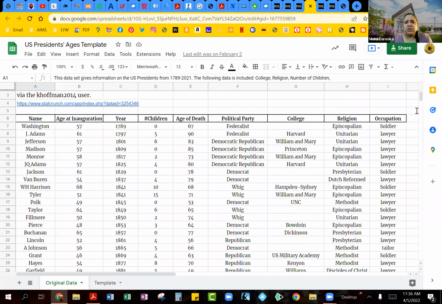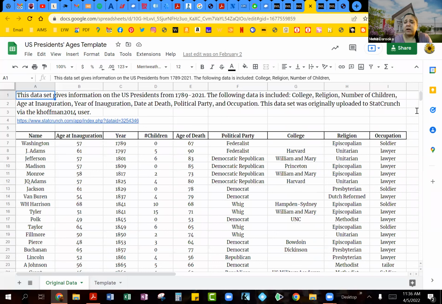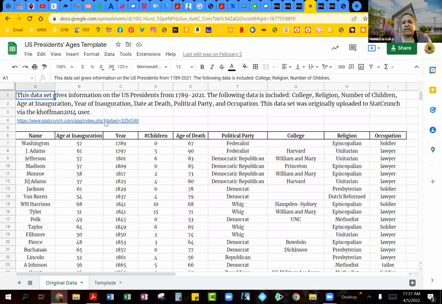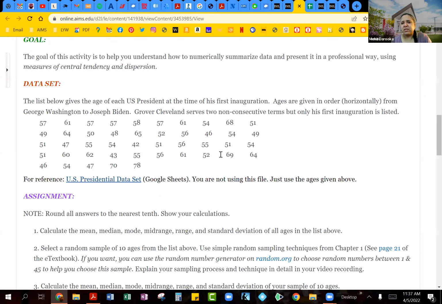So you're not really using this file, or rather this document over here. You are using this file because you do have your template in the second tab over here. So technically you're using the file, but you're just not using this original data because I've already given this to you right over here in the description itself. So these are the ages you're going to be working with.